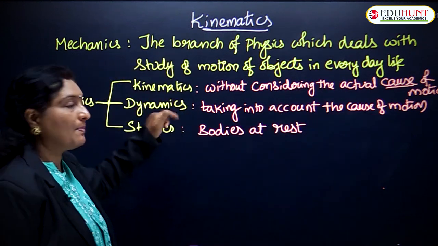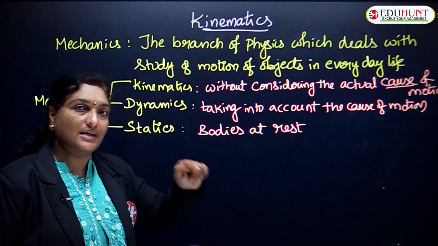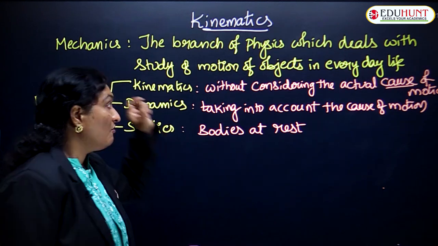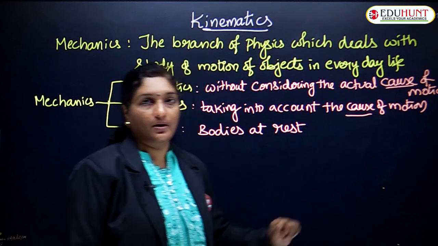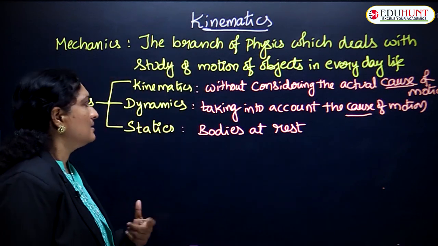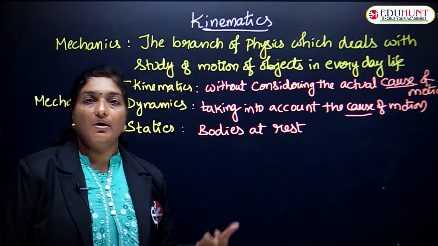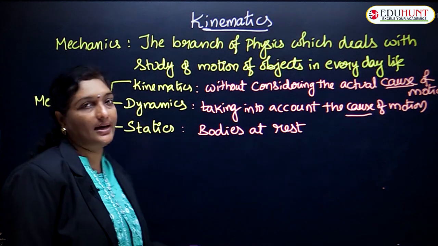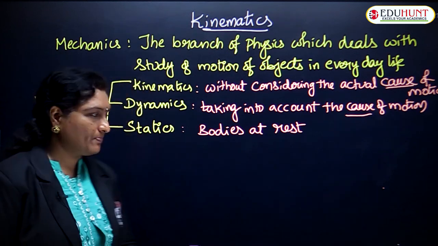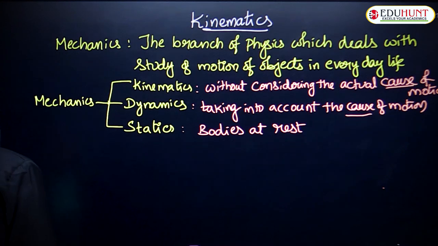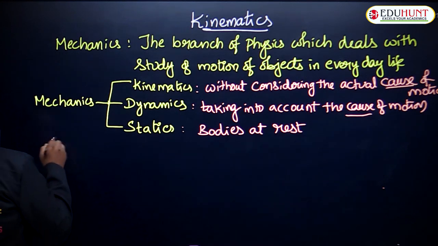Whereas dynamics is the branch of physics which deals with the study of motion of objects while taking into account the cause of motion. Whereas statics deals with the study of bodies which are at rest with respect to some fixed point. Now let us try to understand what is a point object.